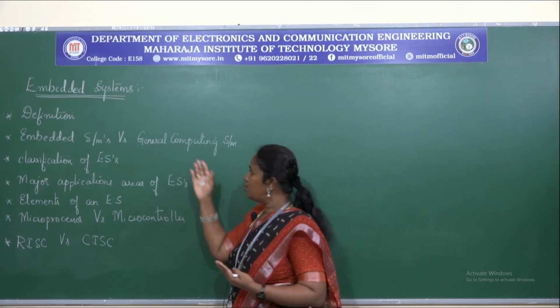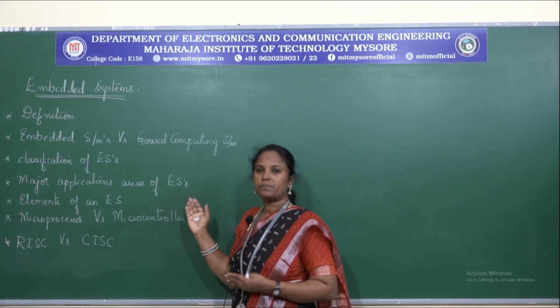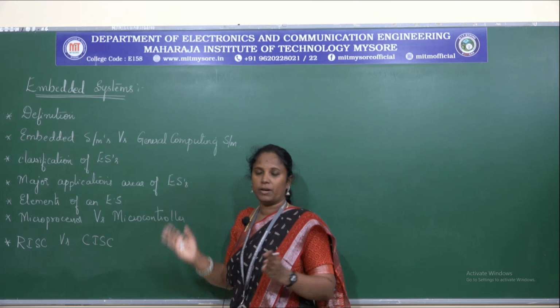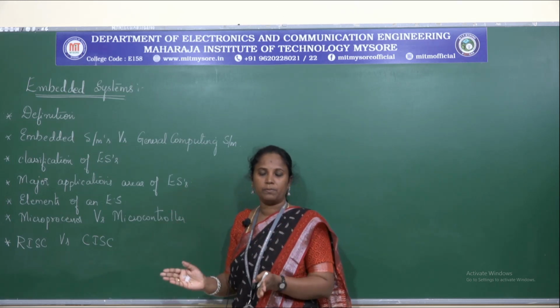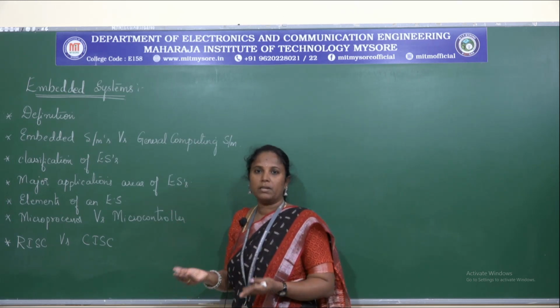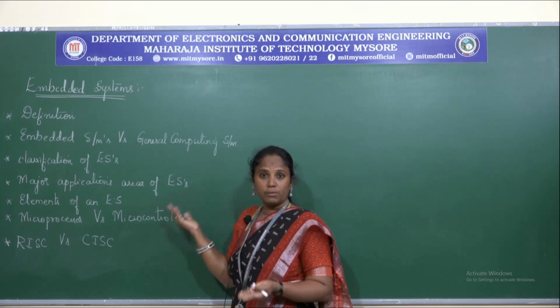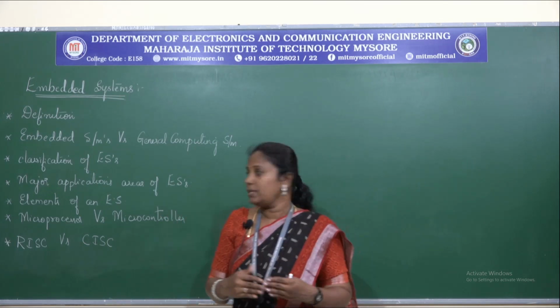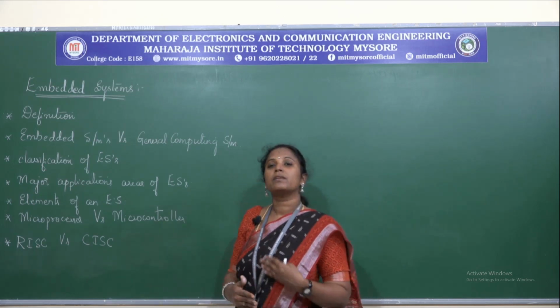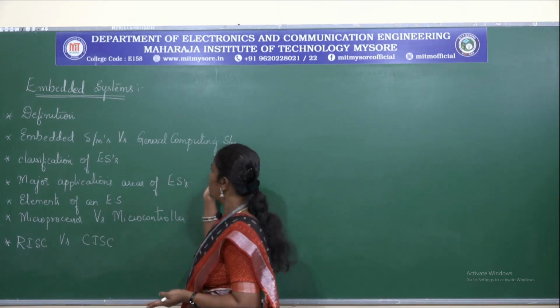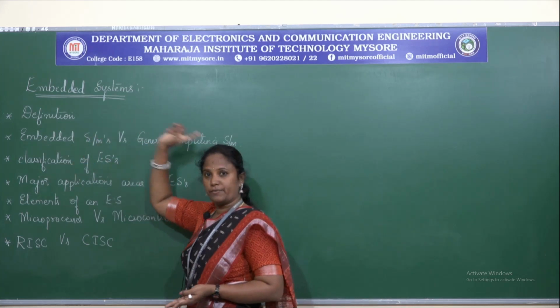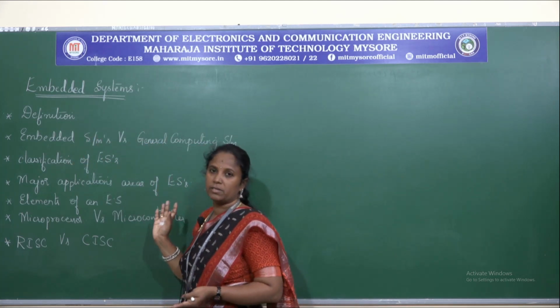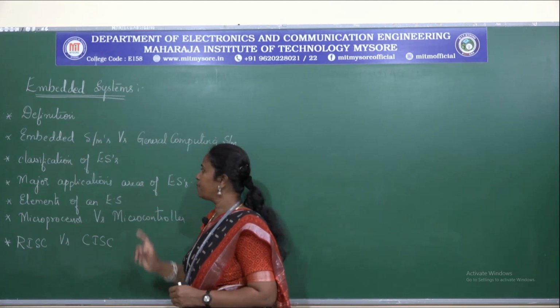Like we have numerous computing systems, for example your desktop, your laptops, your washing machine, a digital camera. Even though we have numerous computing systems, how is your embedded system different from all those computing systems which are available in nature?